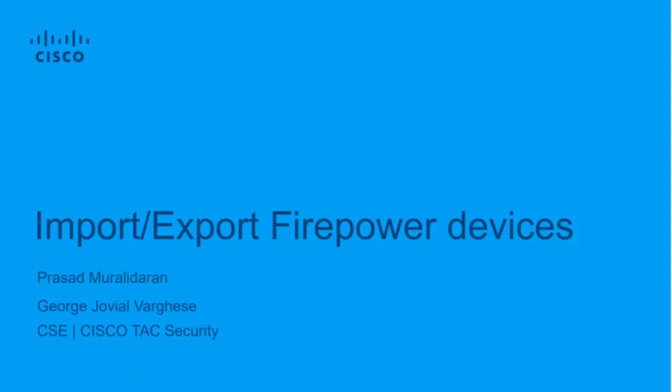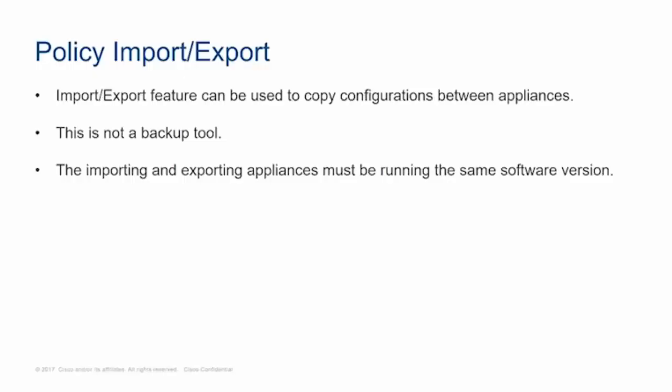This is going to help us export configuration from one appliance to the other, or export and import it on the same appliance as well, in case you want to restore the policies. As said, backup and restore is not an option to copy the configuration, but import and export is. If you want to copy configurations between two different appliances, we can export the configuration and then import it.